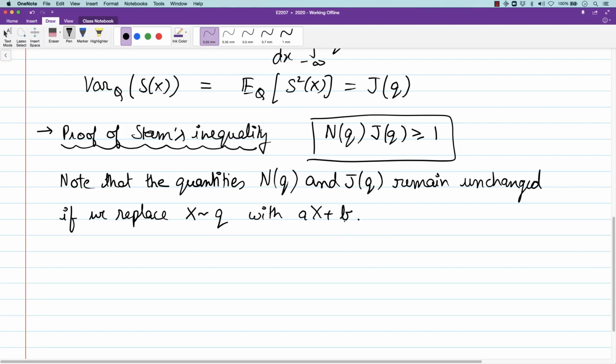They do not depend on the exact values. They are a function only of this distribution. So if you scale and translate, it doesn't change.